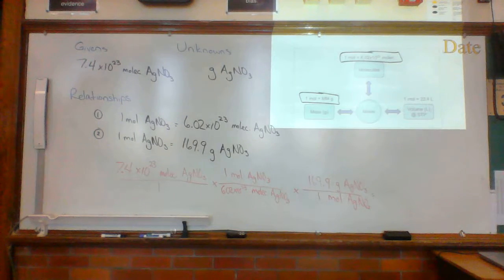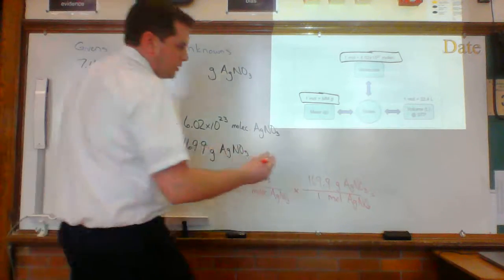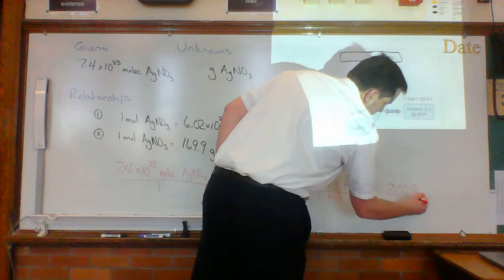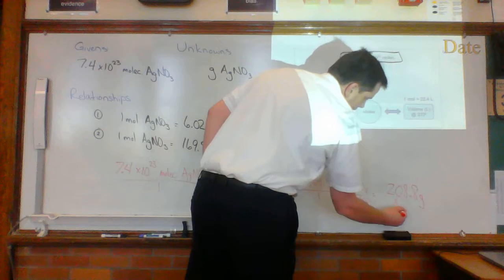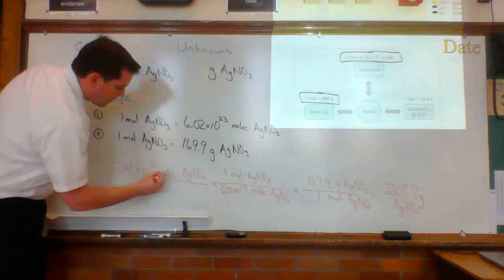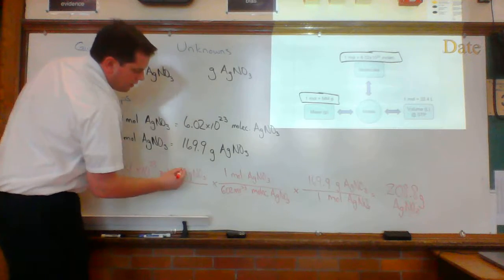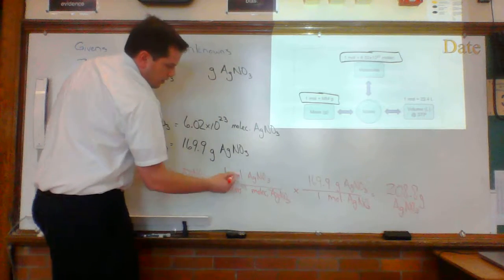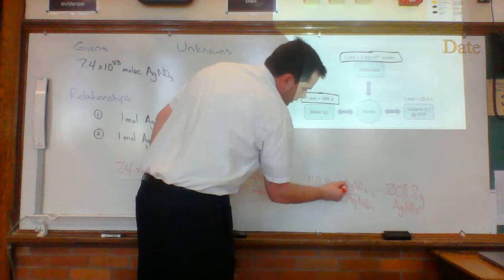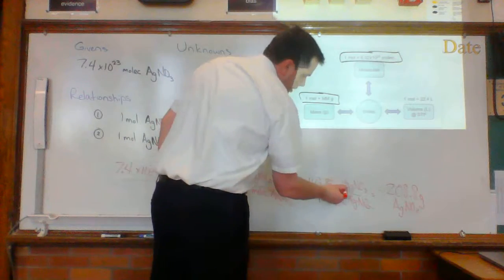And when you plug that into your calculator, you should get 208.8 grams AgNO3. Because molecules cancels molecules, moles cancels moles, the only thing that you're left with is grams and AgNO3.